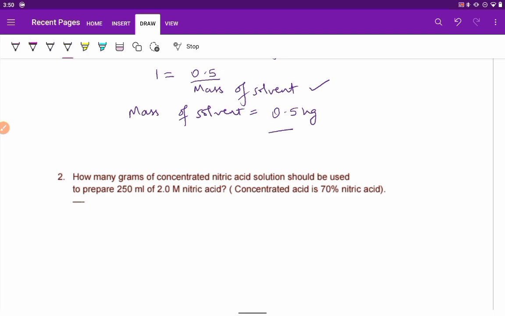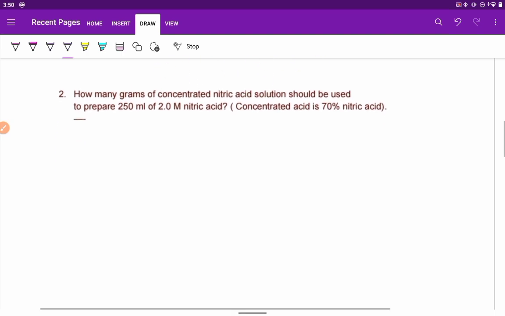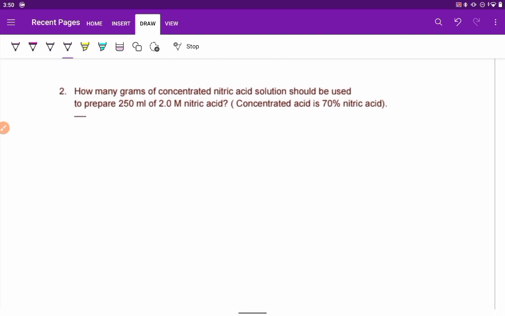Now the second one. How many grams of concentrated nitric acid solution should be used to prepare 250 ml of 2 molar nitric acid? Okay. Now concentrated acid here means 70% nitric acid. Now how to do, see. First of all, we should calculate number of moles of HNO3 that is needed.